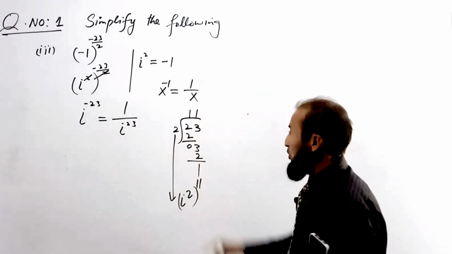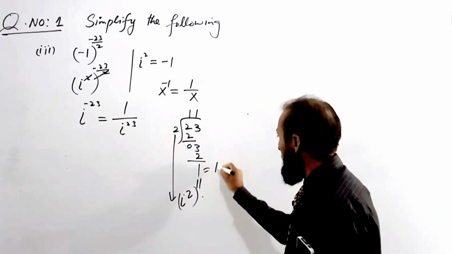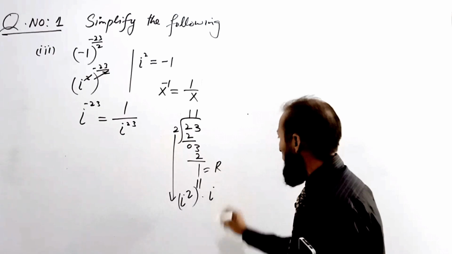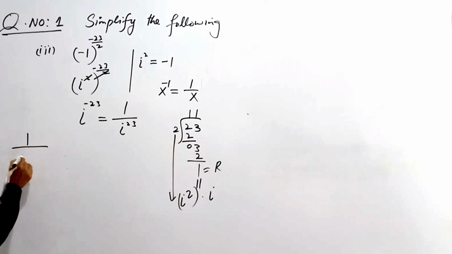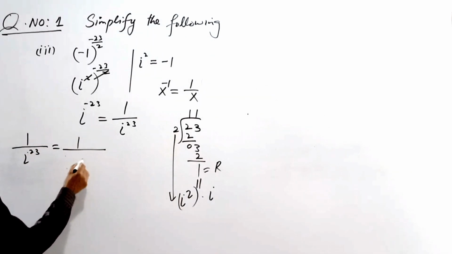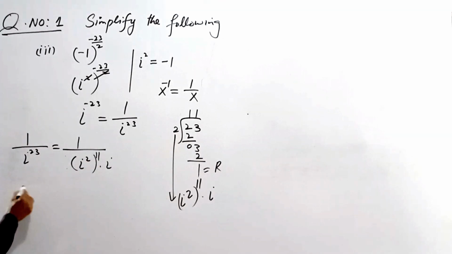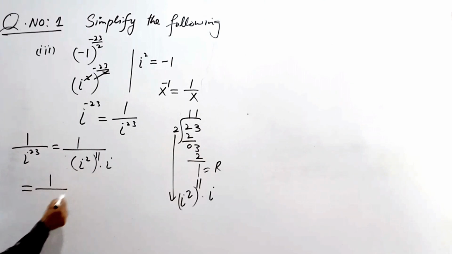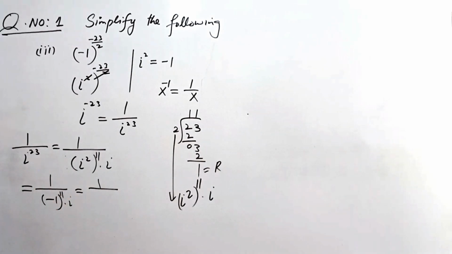So 1 over iota power 23 is equal to iota square whole power 11 into iota. Once again we put iota square is equal to -1, so (-1) power 11 into iota. Here the power is odd, so we get minus iota.